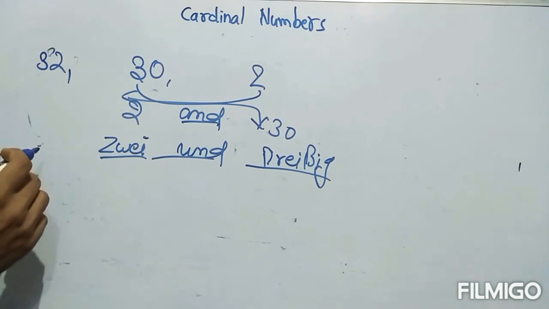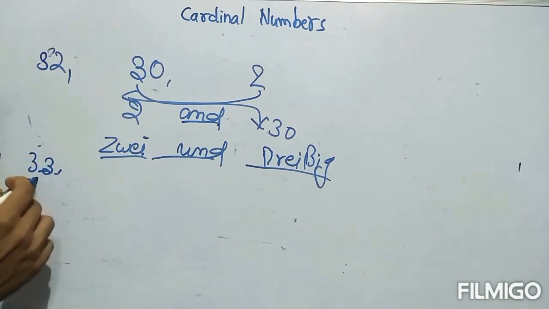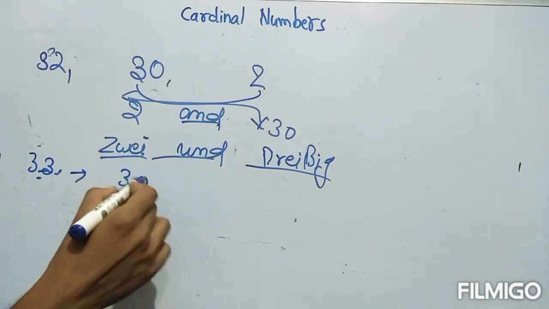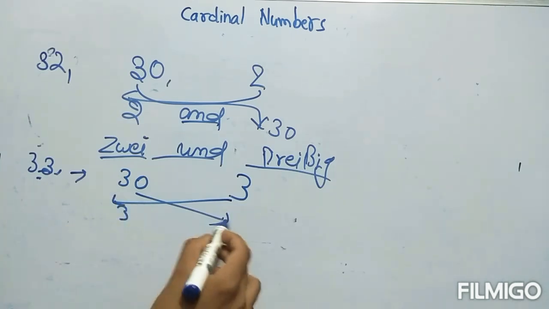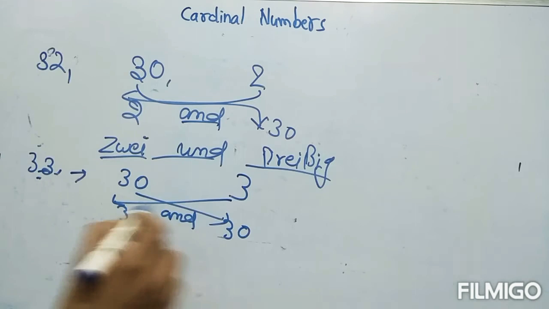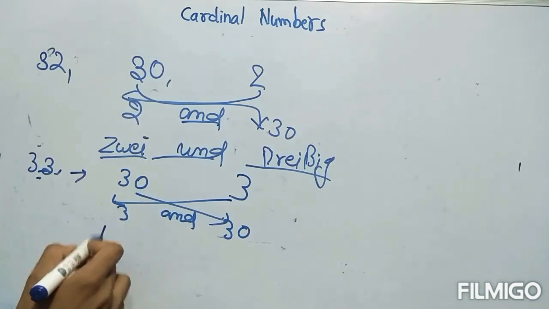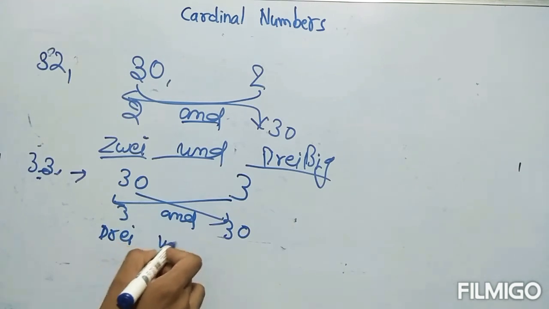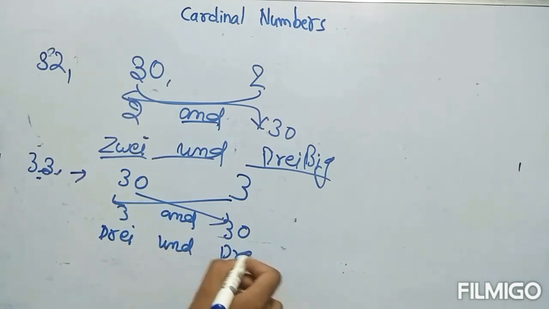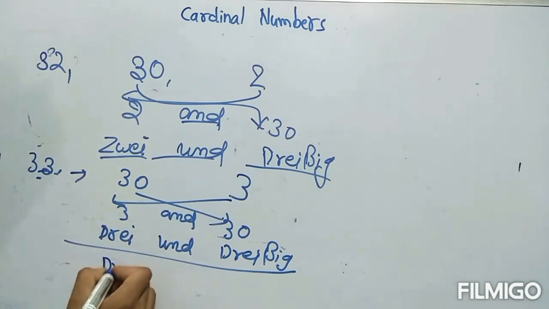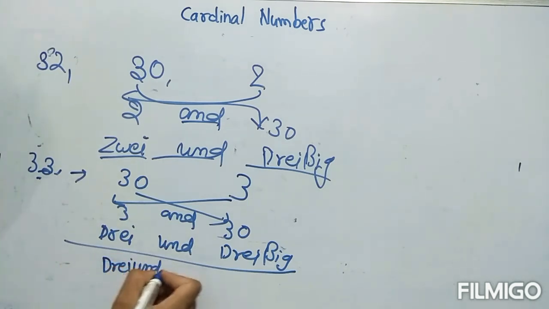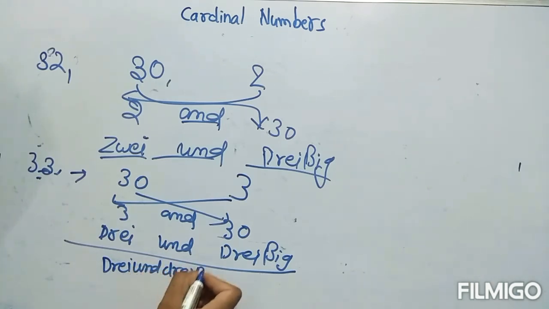Just like 33: 3 first, then 30, and und. 3 is drei, 30 is dreißig. This becomes drei und dreißig.